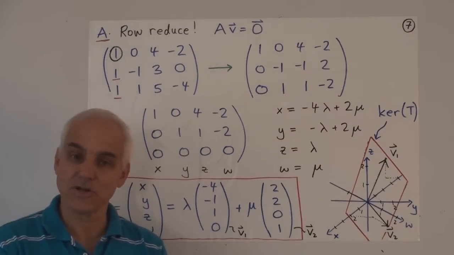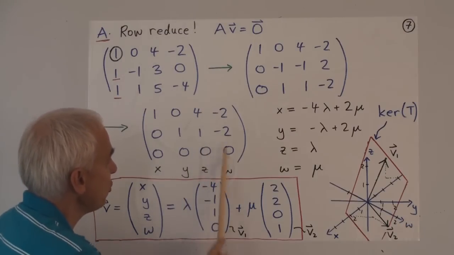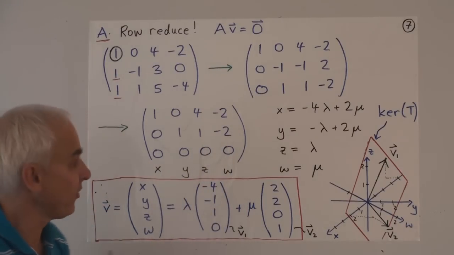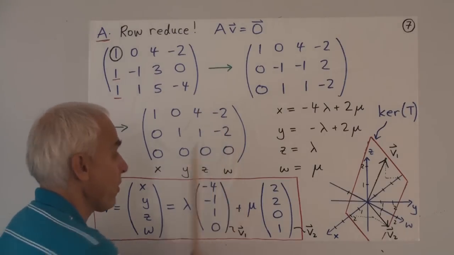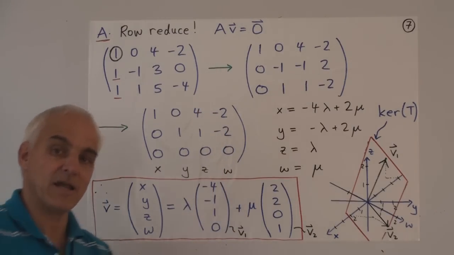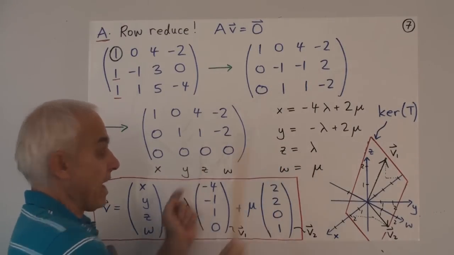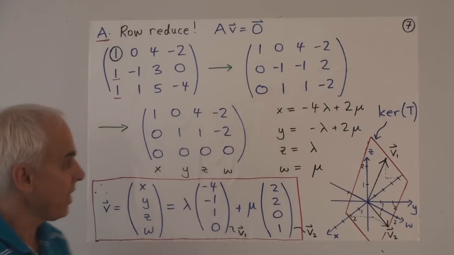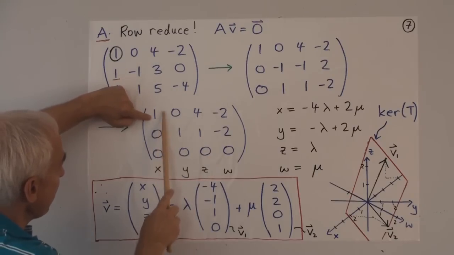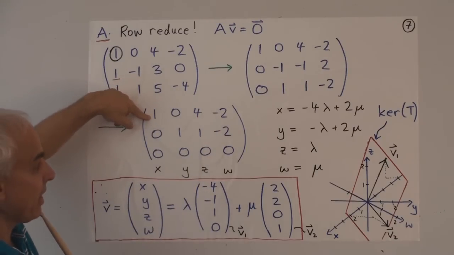How do we read off a solution from this? Well, we set the two non-leading variables to parameters. So the third and the fourth columns are assigned parameters. So let's say z equals lambda and w equals mu. And then using that, we solve for x in terms of the parameters lambda and mu.